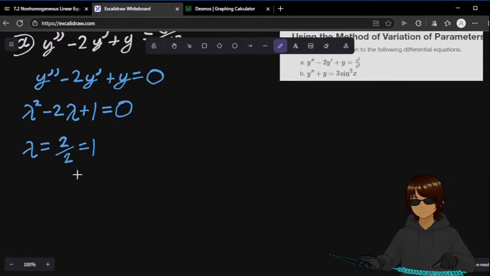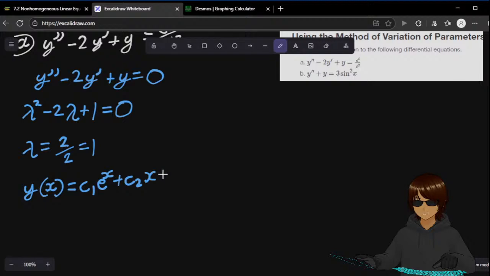Okay, right. So then y is c1 e to the power of x plus c2 x e to the power of x.